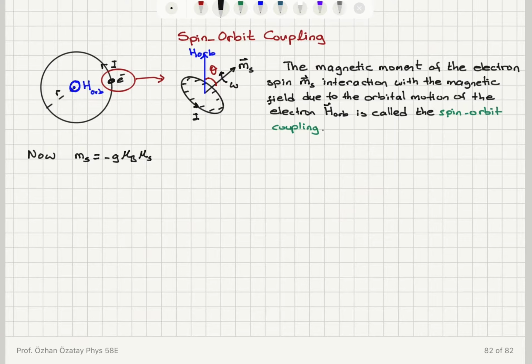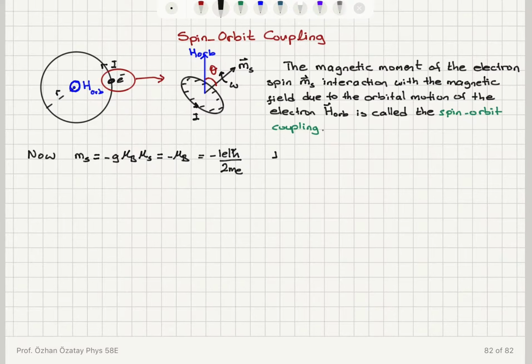Since the g factor is 2 and the spin quantum number is one half, we're going to have minus mu B. So a spin 1/2 particle contributes a magnetic moment of a Bohr magneton to the total magnetic moment, which is minus e h bar divided by twice the mass of the electron.